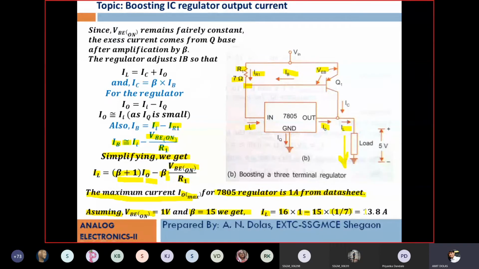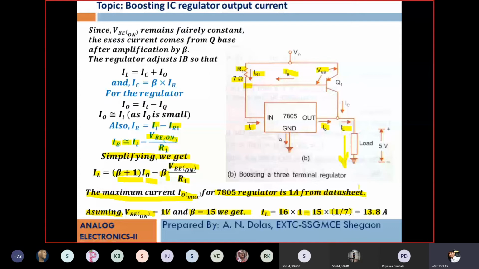If you calculate, it becomes 13.8 ampere. So with this simple modification the circuit can boost the current, and with this small value of beta and resistance R, we can achieve a maximum current through this circuit of 13.8 ampere, about 14 times more than the rated current of the IC alone. So in this way, the current is boosted.